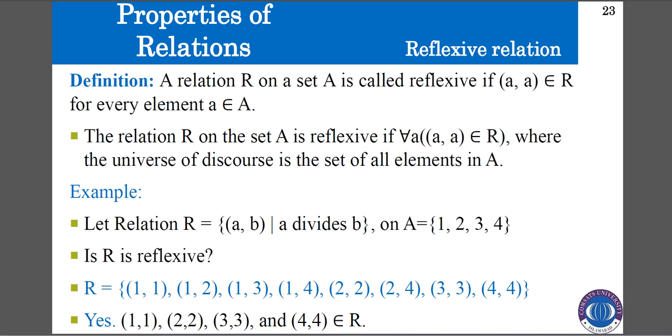Let us first write out the relation: R = {(1,1), (1,2), (1,3), (1,4), (2,2), (2,4), (3,3), (4,4)}. Yes, (1,1), (2,2), (3,3), (4,4) belong to R, so this relation is reflexive.